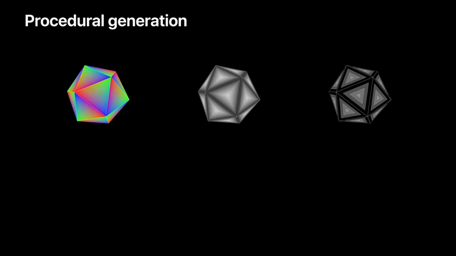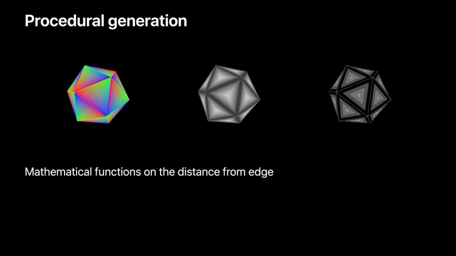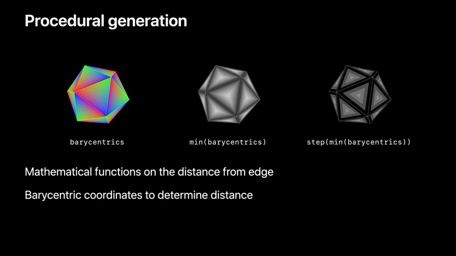Let's say you wanted to use procedural generation to draw custom, high-quality anti-alias lines and borders on triangles. To do this, you can apply interesting mathematical functions on the distance of the fragment from the edges of your primitive. Barycentric coordinates of your fragment, in essence, give you the distance from the edges. The examples above show some interesting functions applied on the barycentric coordinates in your fragment shader to generate on-the-fly effects.